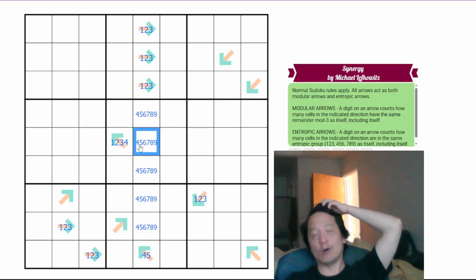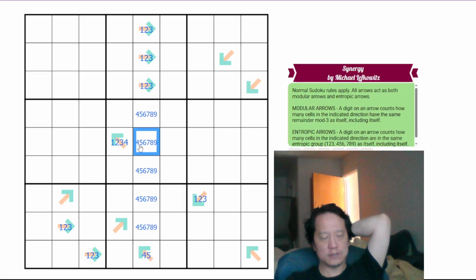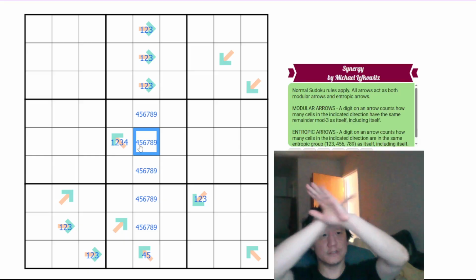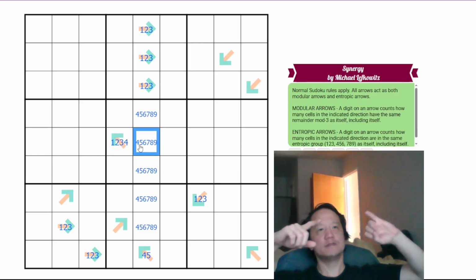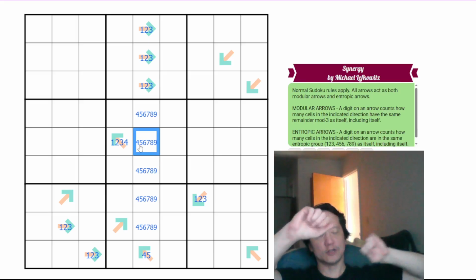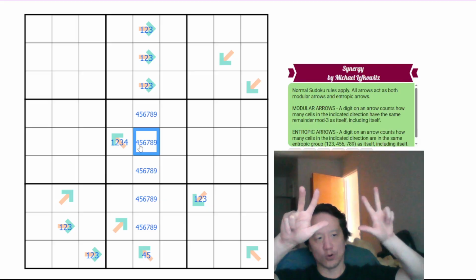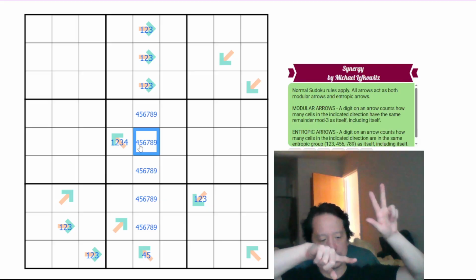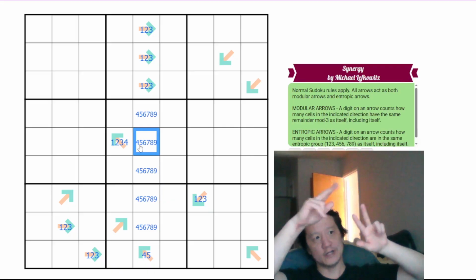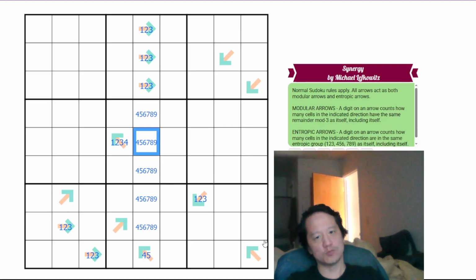You could, however, have a 6 if you're pointing at 9 digits. Because 6 could point to 6 and 6. So that's 3 for the main. And then you have 3 more for the other modular set, and 3 more for the other entropic set, which does work here.